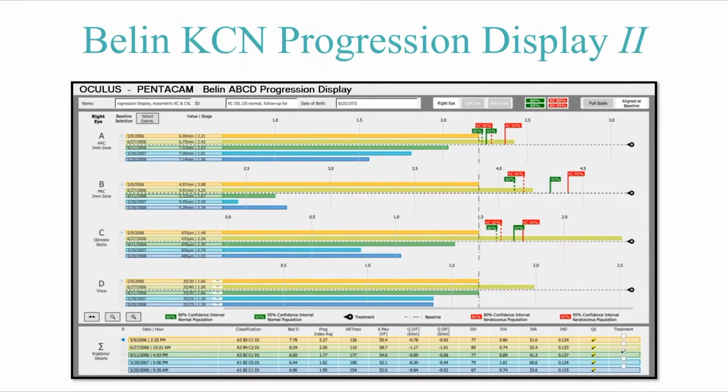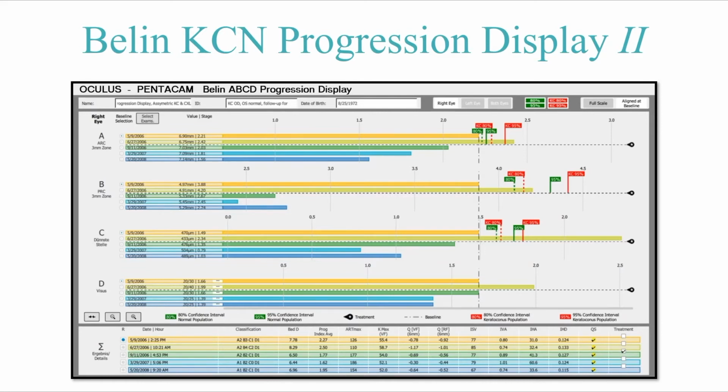And this is actually the second iteration for what the current display looks like. It displays graphically up to 8 exams over time and displays each anatomical layer individually. A, anterior surface, B, back posterior surface, C, minimal corneal thickness, and D, distance visual acuity, which is not machine generated but operator entered.